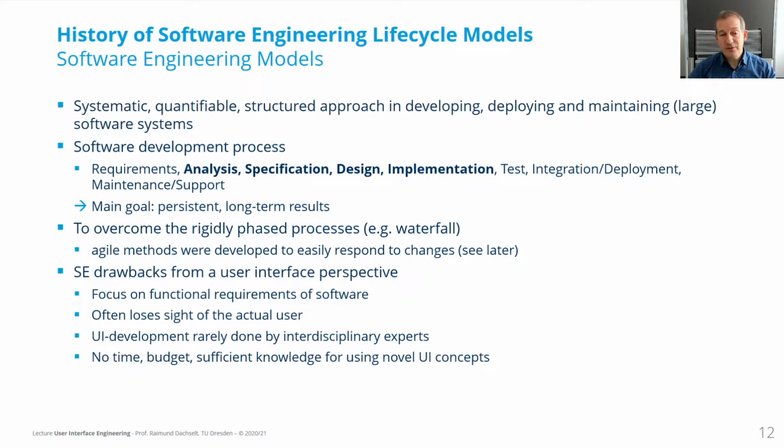So software engineering has of course drawbacks if you look at it from a user interface perspective. That's very important. By now I was just talking about software engineering, and I would now like to make my point why we have to arrive at some user interface or usability engineering. Because software engineering itself does only focus on the functional requirements of software. That means which functionality is available.